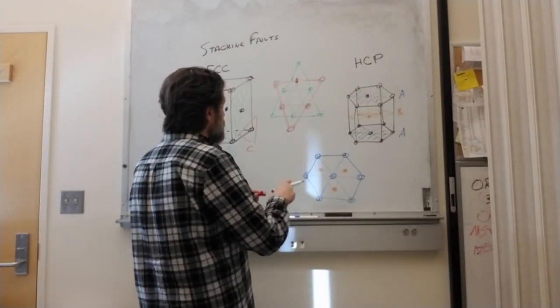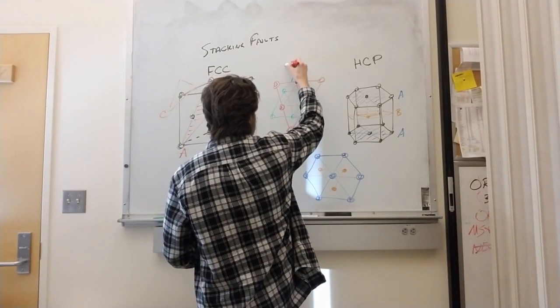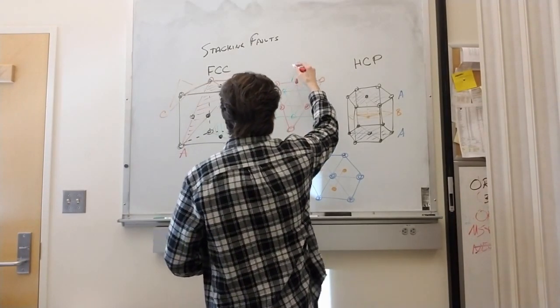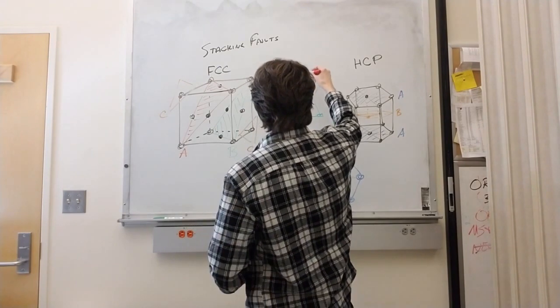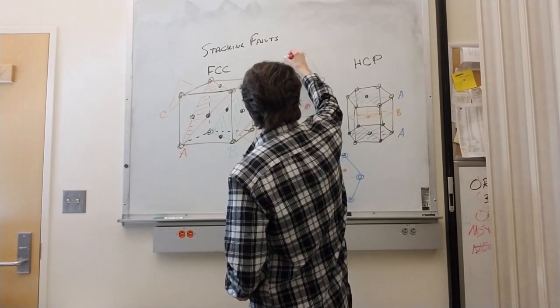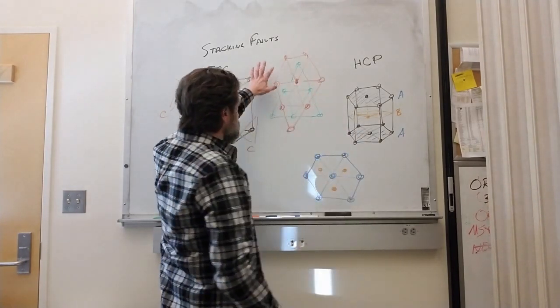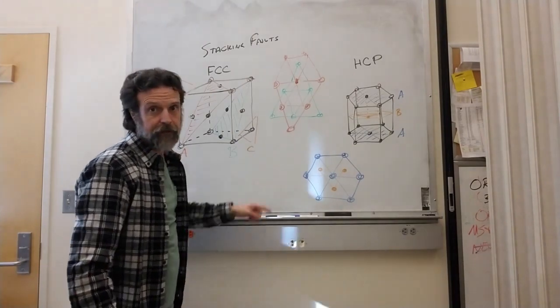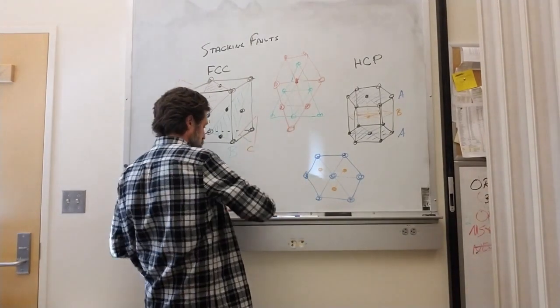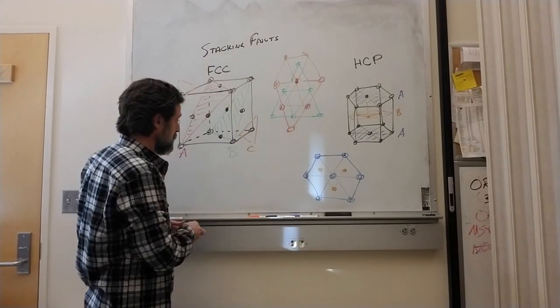And I can expand on this a little bit. Like that. So we get this hexagonal set of triangles, because the plane extends out in all directions.